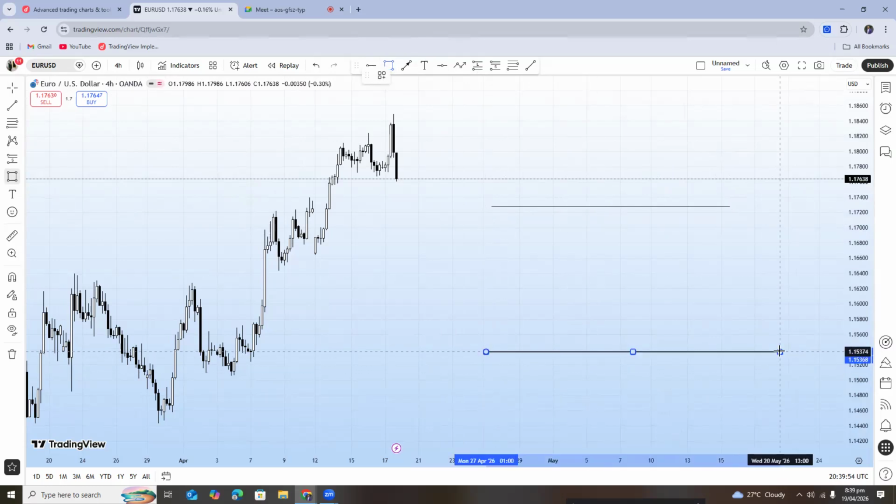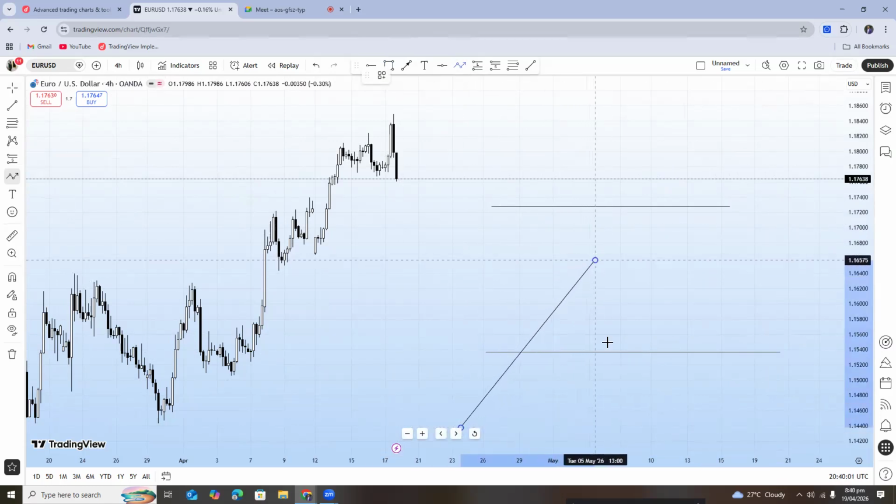Support and resistance line. So I'm going to do something like this. So let's assume that this is the current price of the market. So take it from me, when the price is above your level, just like we can see here, that level is a support level.